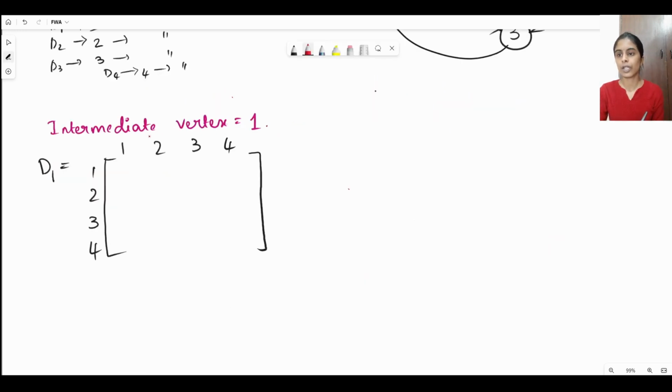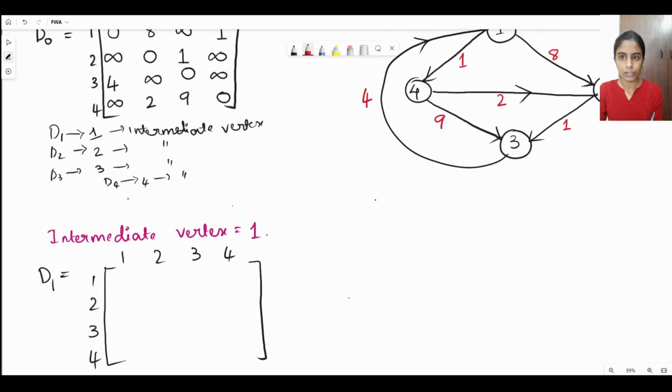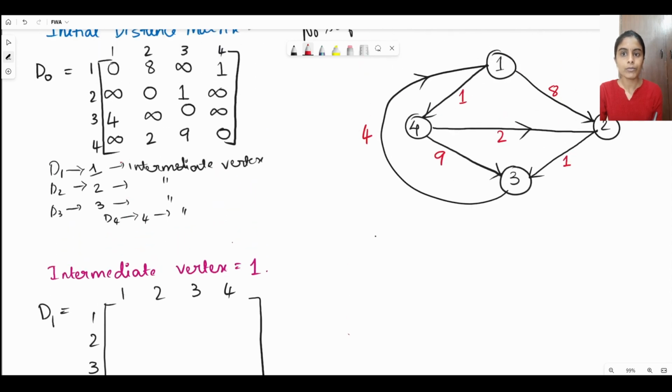First, the intermediate vertex is 1. So intermediate vertex is 1 means we retain the entries corresponding to row 1 and column 1 from D0, that is the previous matrix.